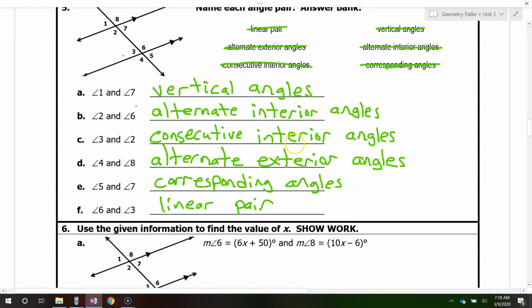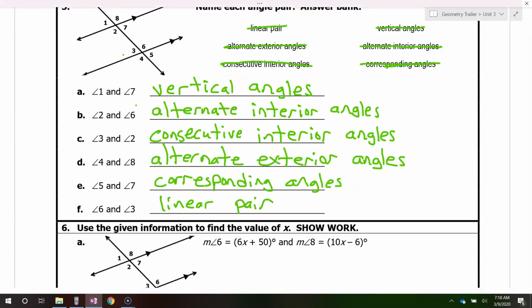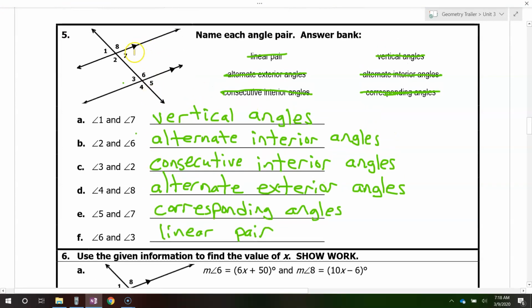Okay, now remember that 2 of these are supplementary and the rest are congruent. Well, if the lines are parallel, 2 of these are supplementary and the rest are congruent. So memorize the 2 that are supplementary. First of all, linear pairs are supplementary. They're always supplementary. They make 180. But also consecutive interior angles.